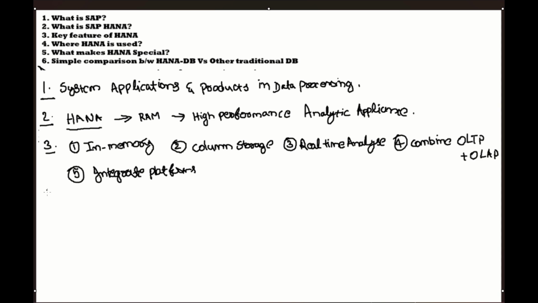Coming to where we use it. Mandatorily, we use the S/4HANA database, because it is not compatible with other databases. Then, where we require instant reports and dashboards, meaning business intelligence, we use the HANA database.